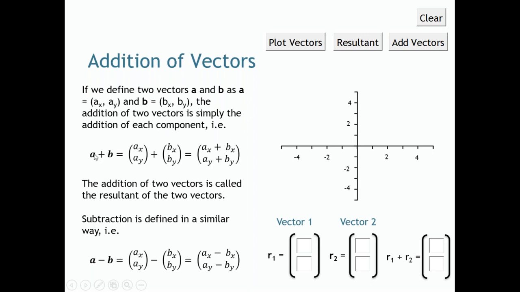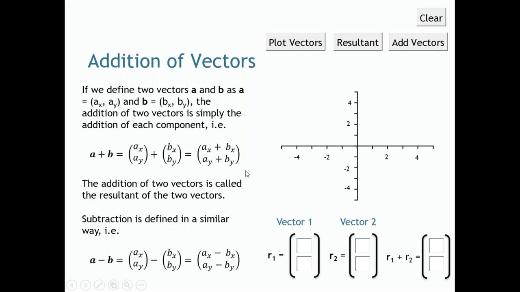Now we all can see the screen. A plus B is equal to (A_x, A_y) plus (B_x, B_y), and this will give us A_x plus B_x, and under it we have A_y plus B_y. So we have this here.